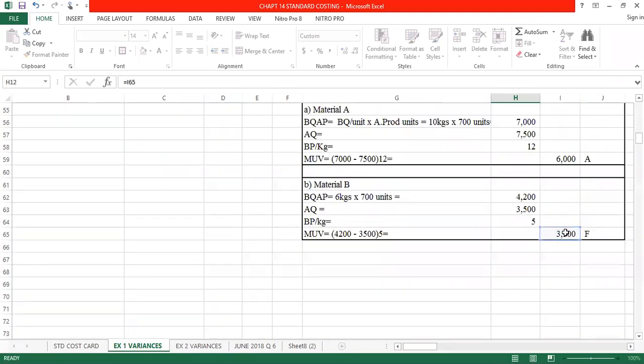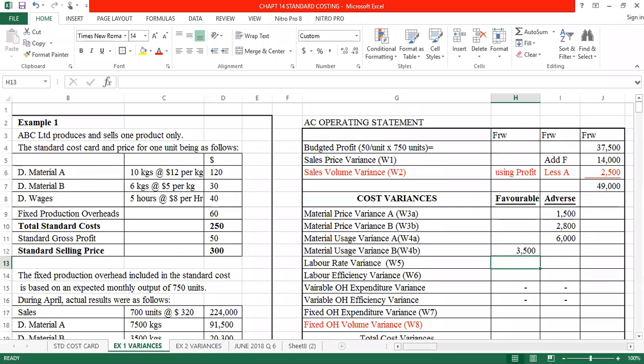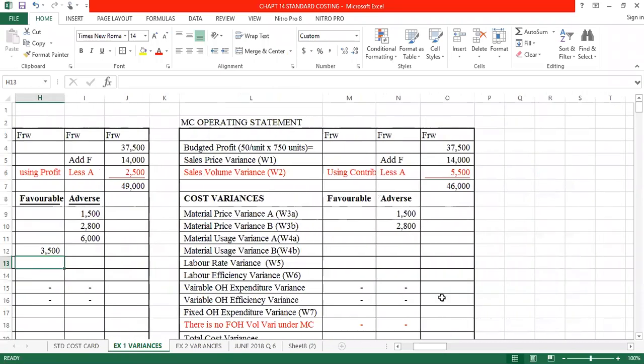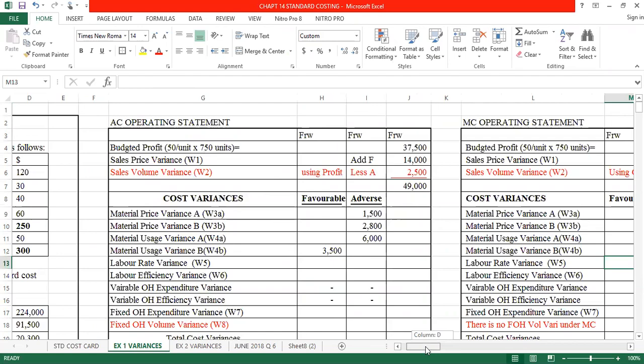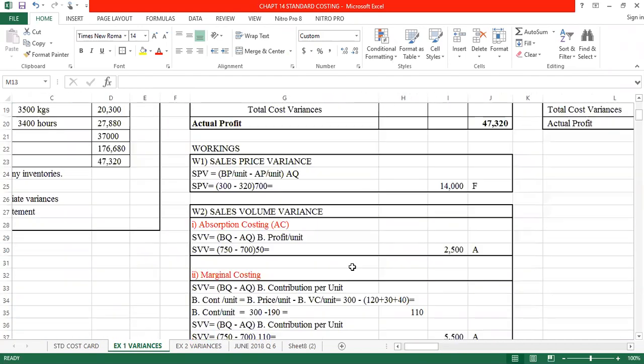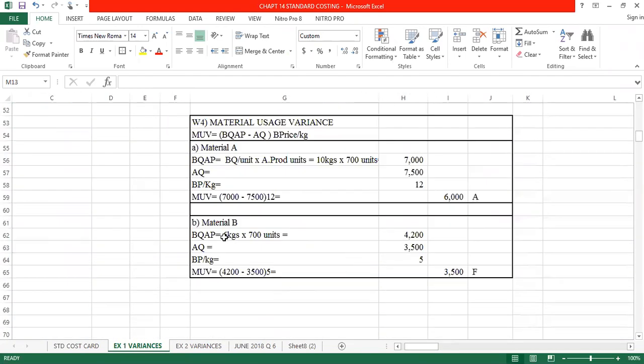F. Slowly we are building and continuing. Let's also post here. This is A. This is F. So let's continue. So that is material variances. We are done with material variances. That is how we calculate material variances.